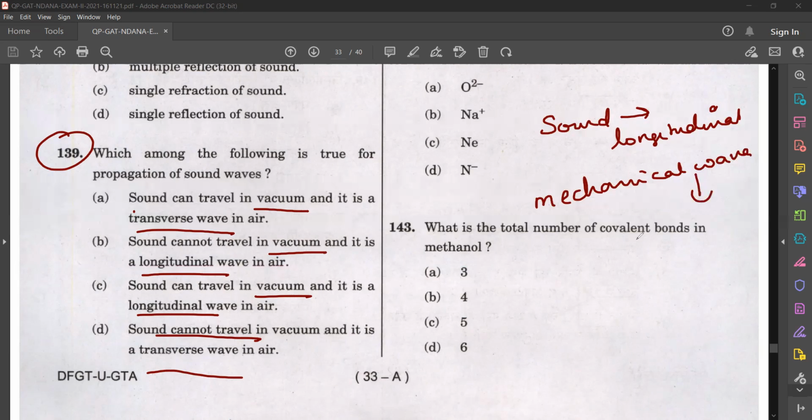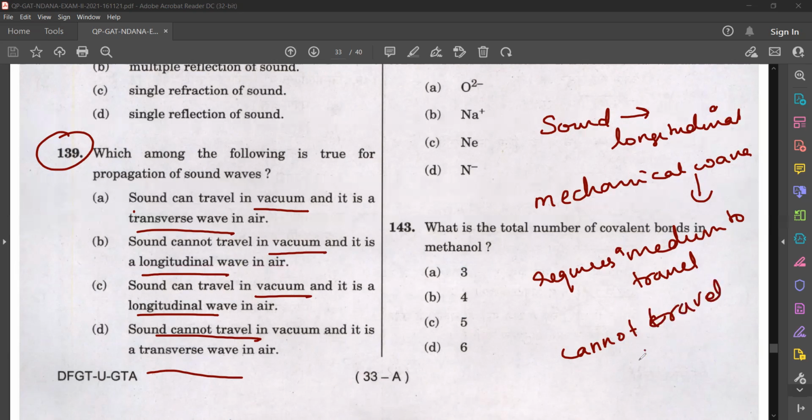That means it requires a medium to travel. So what does that mean? It cannot travel through vacuum.